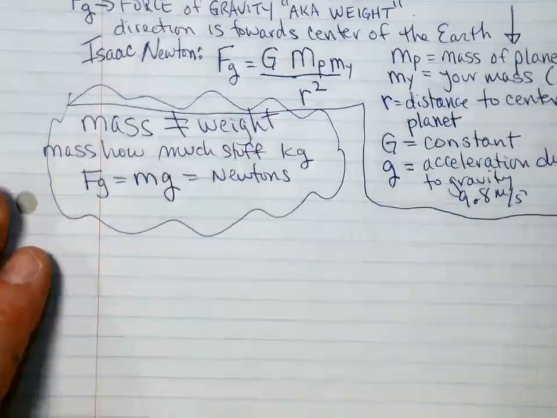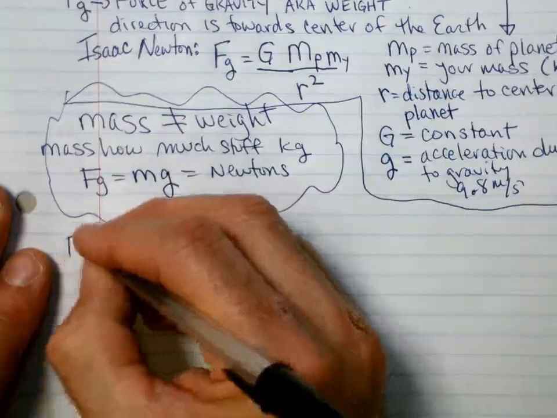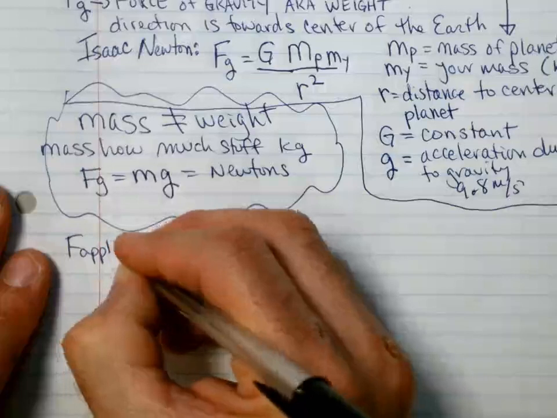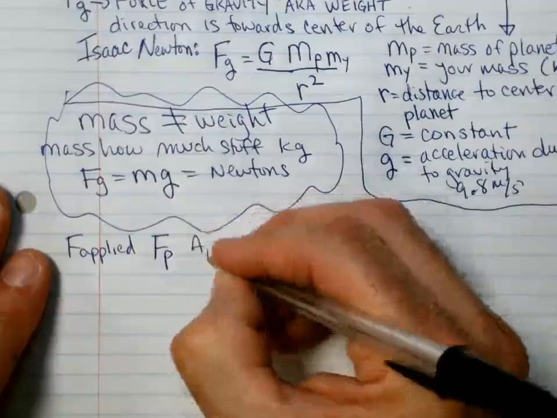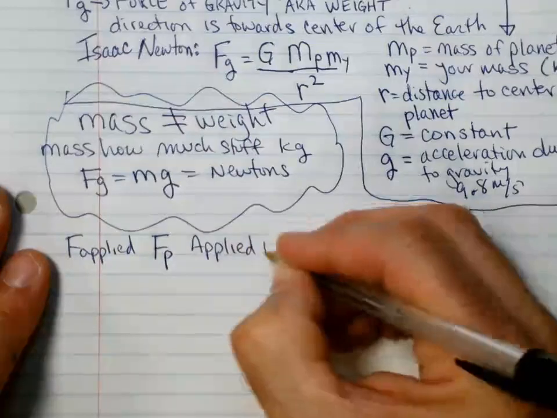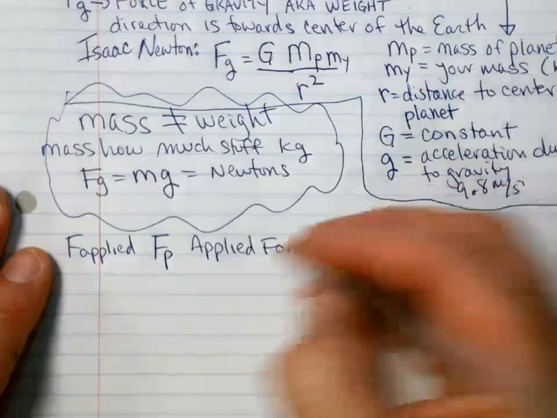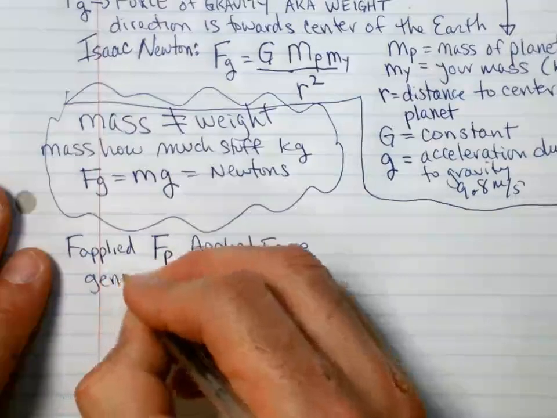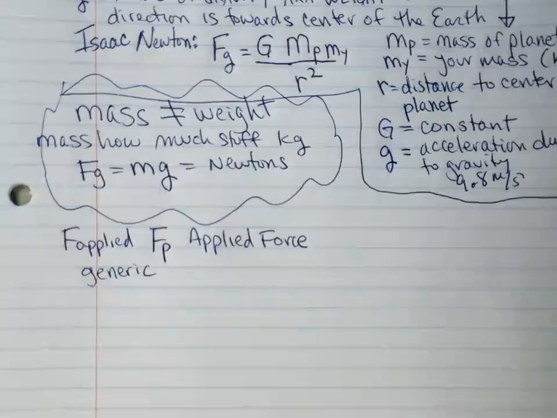So another force that we will see is applied force. I symbolize that just F subscript P, applied force. And applied force is just a generic word for any type of force, right? So if I push on this cart, that's an applied force.